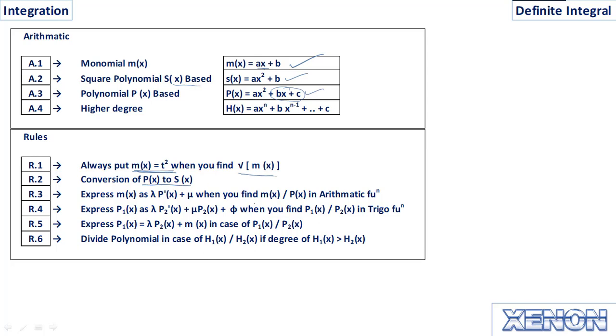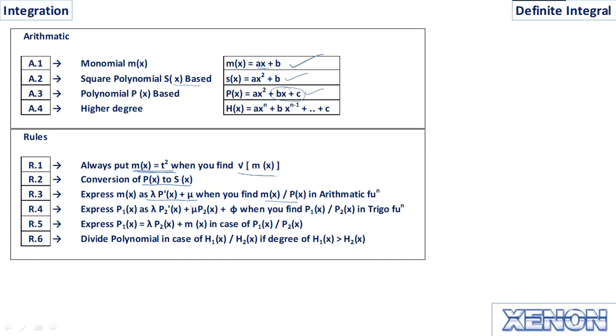When we are getting the integrand of the form m(x) upon p(x), that is ax plus b upon ax square plus bx plus c, in arithmetic function, then we will express m(x) equals lambda p dash x plus mu, where p dash x is the differentiation of p(x) with respect to x. Here lambda and mu are constants, right?